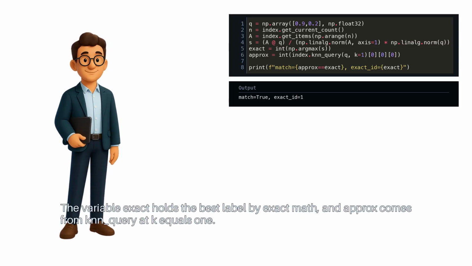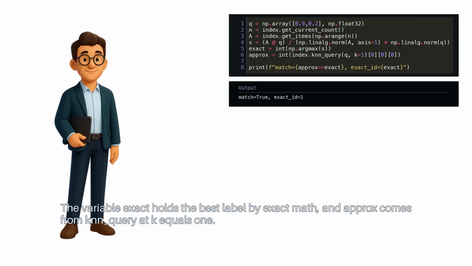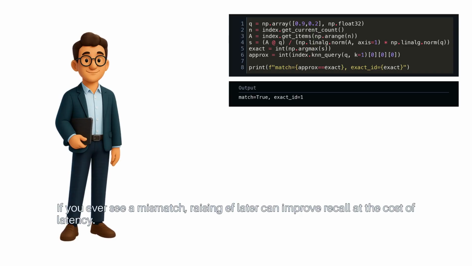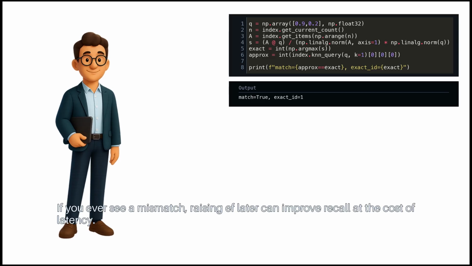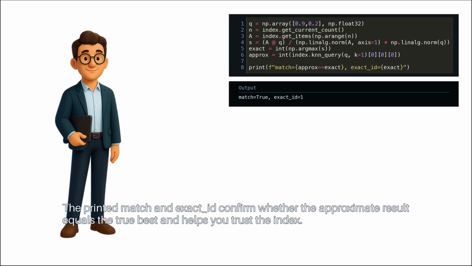The variable exact holds the best label by exact math, and approx comes from knn_query at k equals 1. If you ever see a mismatch, raising ef later can improve recall at the cost of latency. The printed match and exact ID confirm whether the approximate result equals the true best and helps you trust the index.